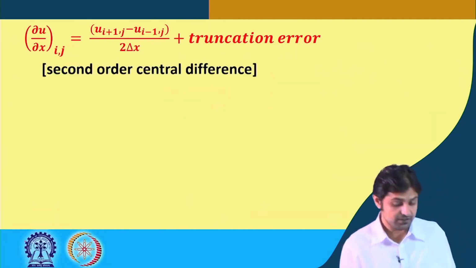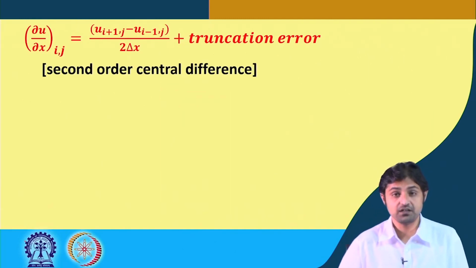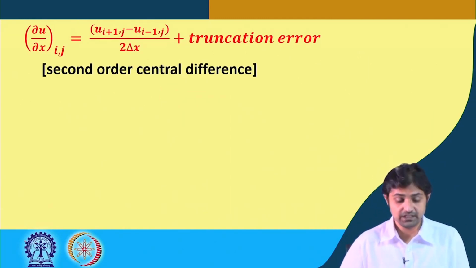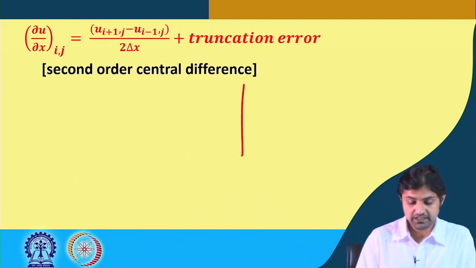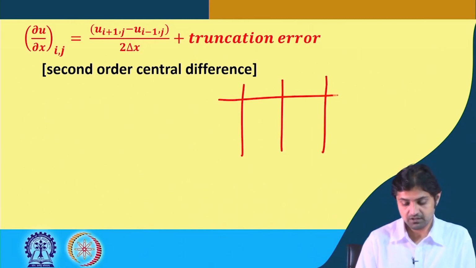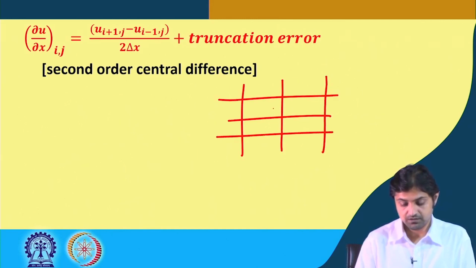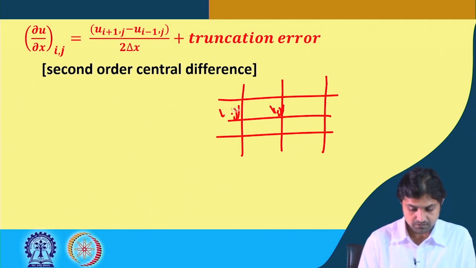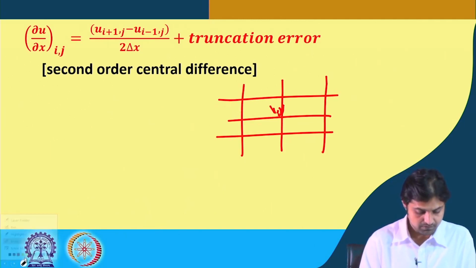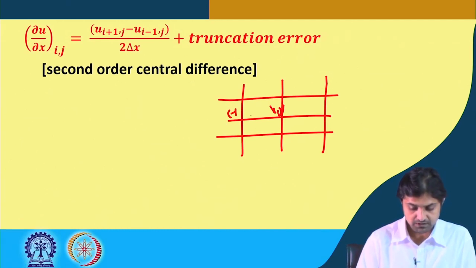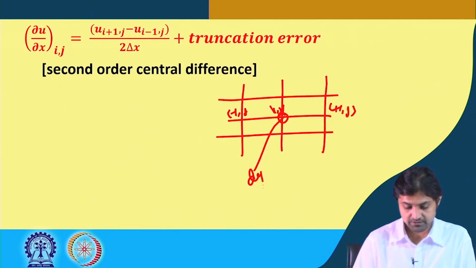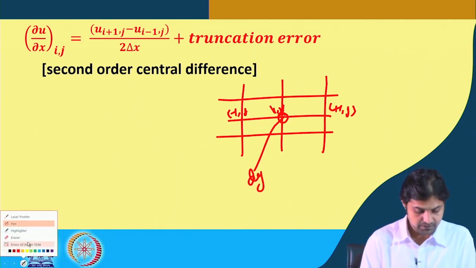So, this is another way, and this is called the second order central difference. What were we calculating? Again drawing, this is i comma j, this is i plus 1 comma j, i minus 1 comma j.